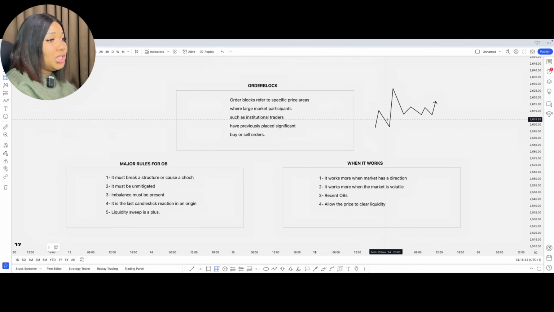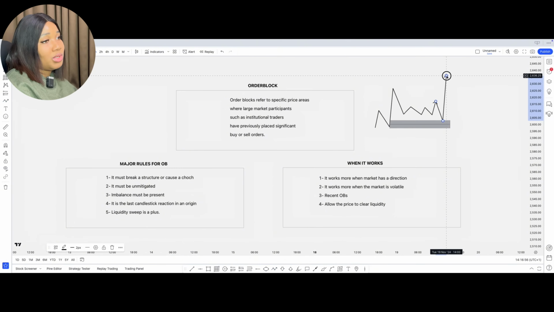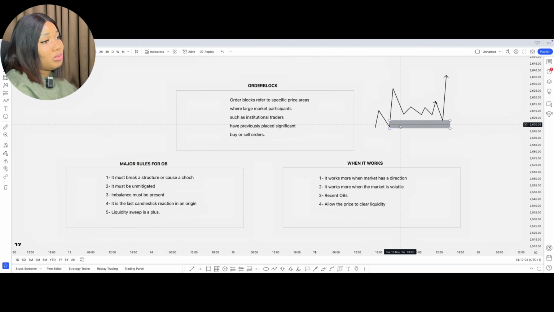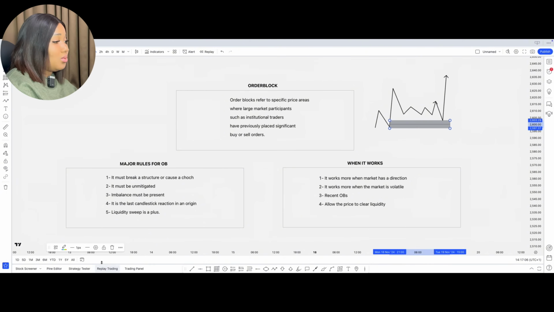This being your origin where you're waiting for price to get to, and you notice that the market is playing around here, don't be tempted to get in. Wait for price to clear this liquidity before tapping in, and then it will move in your direction. Because if the liquidity the market needs to sweep to tap into your origin is not present, then that simply means your origin or your order block will turn into the liquidity.